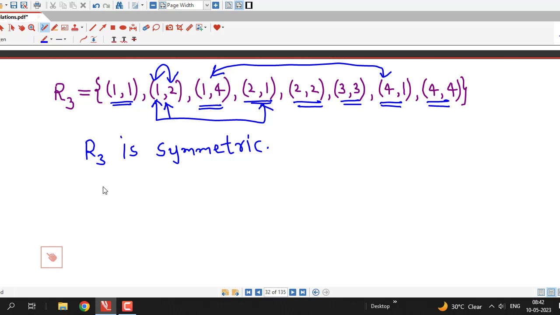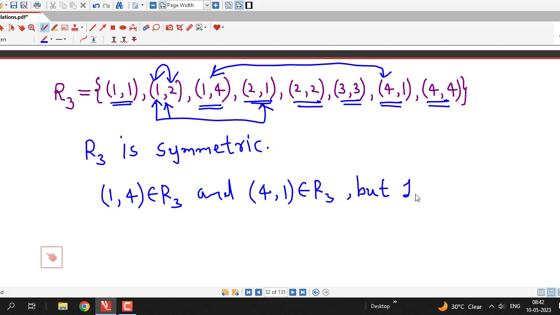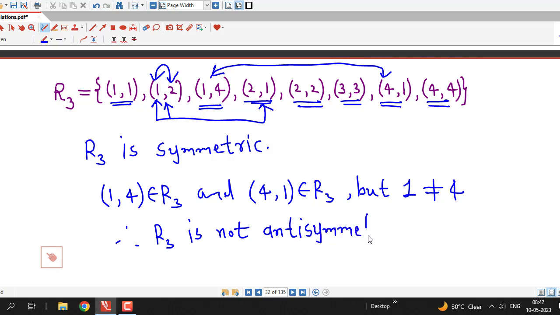So R3 is not antisymmetric. (1,4) belongs to R3 and (4,1) belongs to R3, but 1 and 4 are different. Therefore R3 is not antisymmetric.